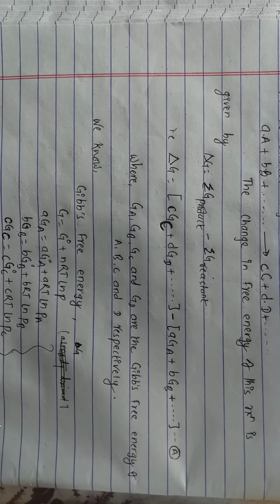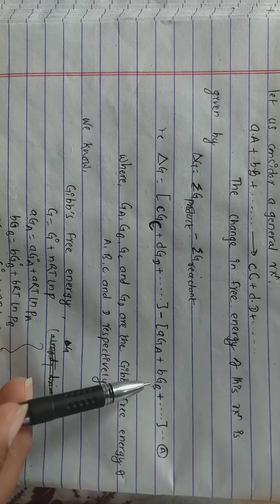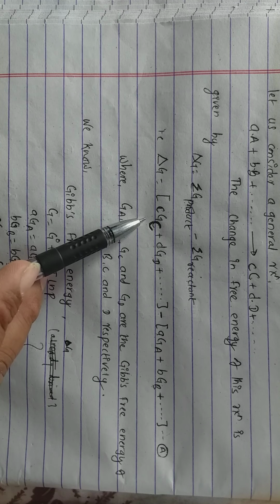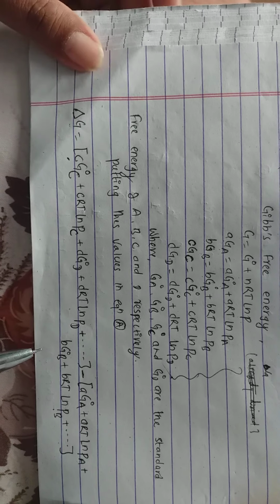We put the values of aGa, bGb, cGc, dGd here, and we get the result like this.